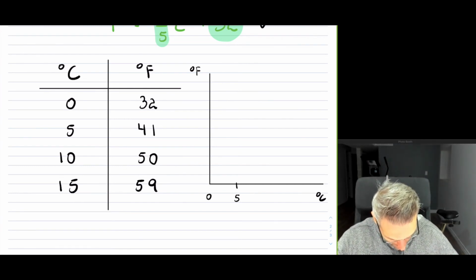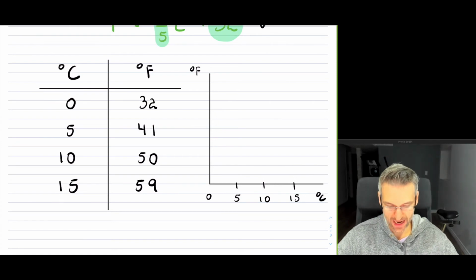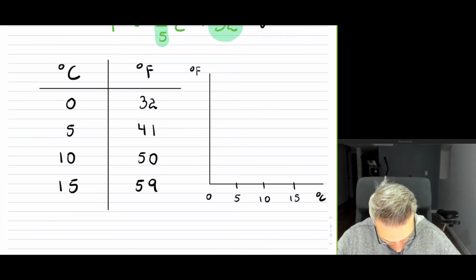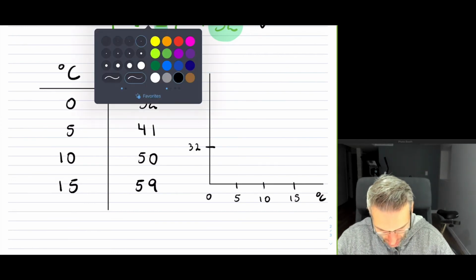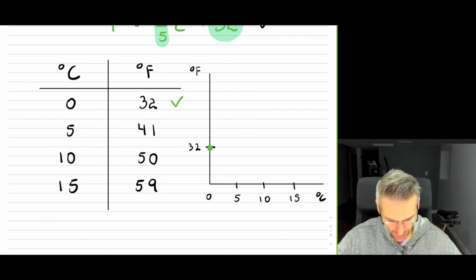So 5, 10, and let's say 15. And notice that at 0, we are actually starting at 32. So that's our starting point in order to map this. So 0 and 32.